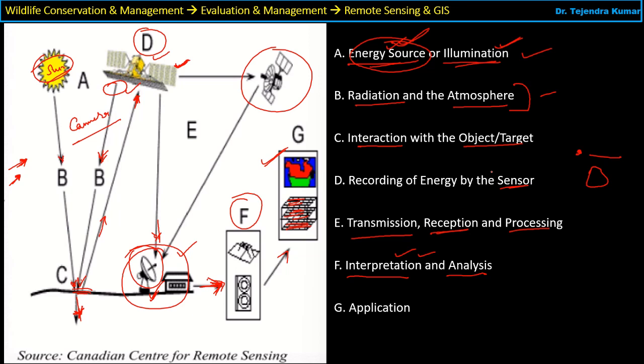Whether we are talking about remote sensing or GIS, we cannot separate the two, because remote sensing is generating data and sending it to the GIS, and GIS is working on interpreting, analyzing, and making the image. So both are complementary to each other. That's why this portion is of the GIS, and before that, this portion is of remote sensing.